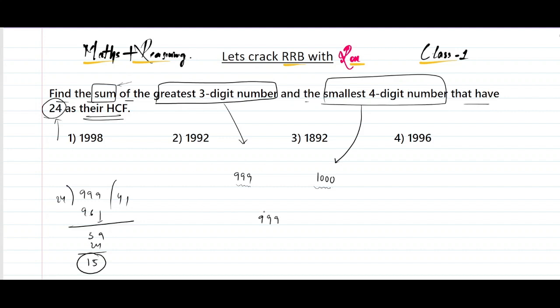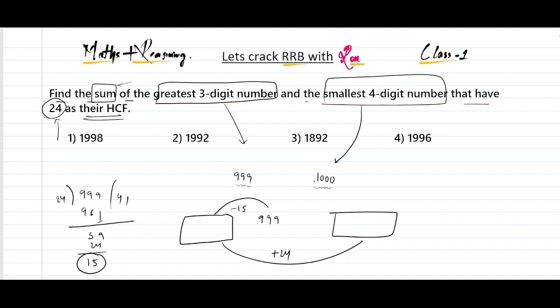If I subtract 15 from 999, I will get a number which is exactly divisible by 24, right? Then that means 24 will be the HCF of that number only, right? Similarly, if I add 24 to this number, I will get a number that will be more than 1000 only, right? Then that number will be exactly divisible by 24, right?